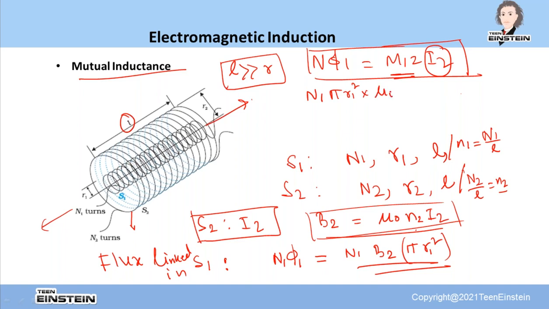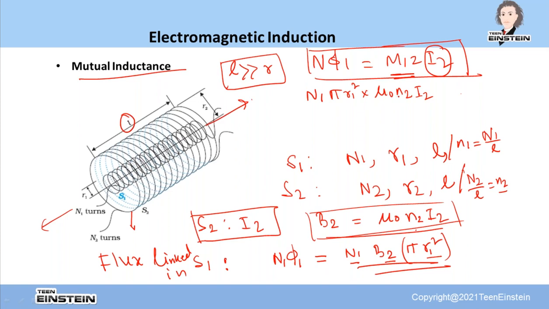What is that? This is mu 0 small n2 I2. So pi r1 square mu 0 n2 I2.